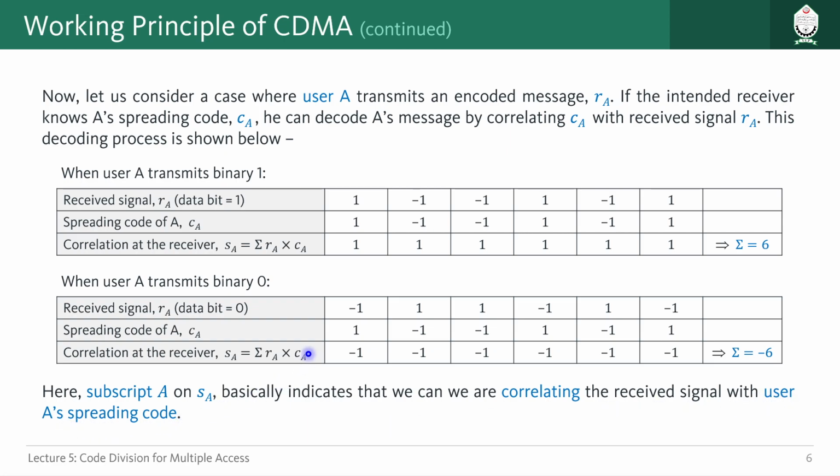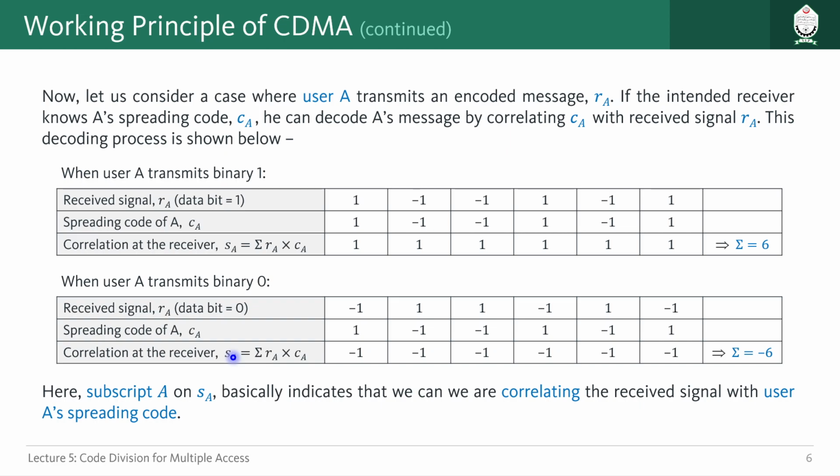So whatever spreading code we are using in our correlation, that should be here as subscript. So if, let's say for example, we try to correlate with the code of user B, which is C of B, then this notation should be S of B, right?